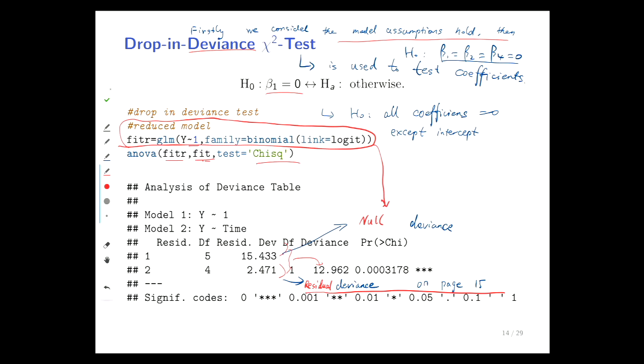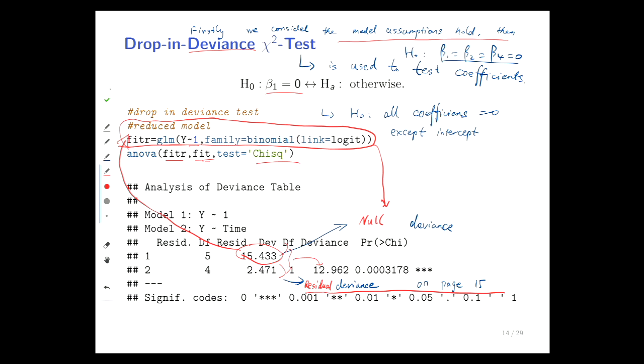So the deviance is called the null deviance. The deviance here, 15.433, is actually the deviance of the reduced model. And 2.471 is the deviance of the full model.